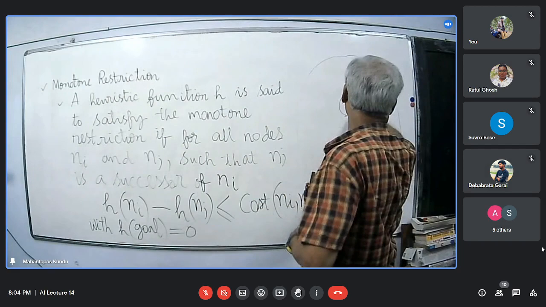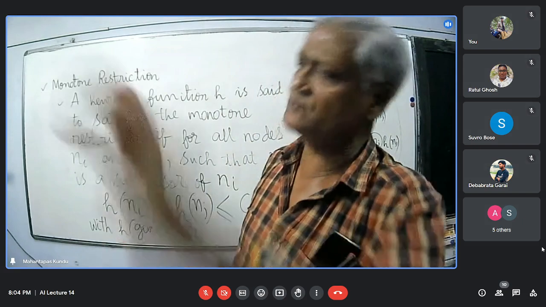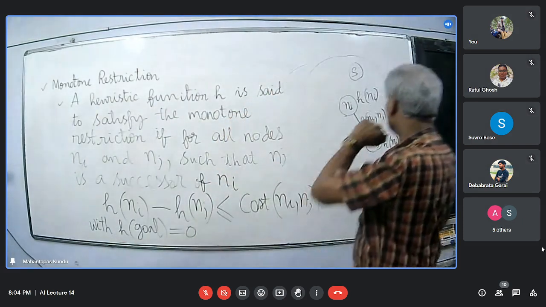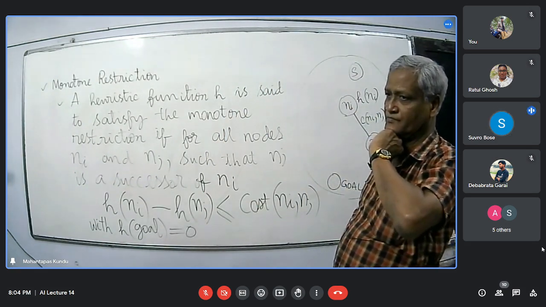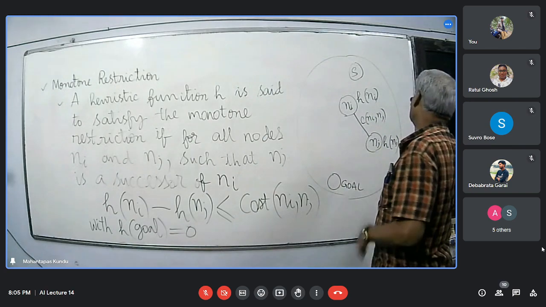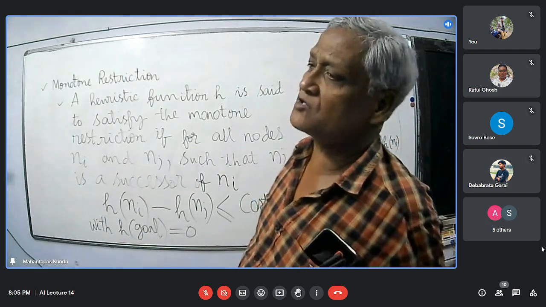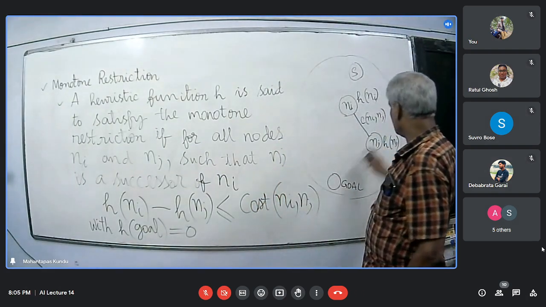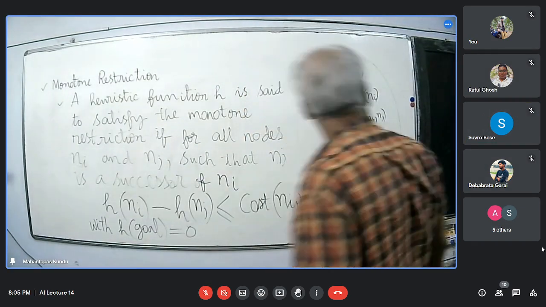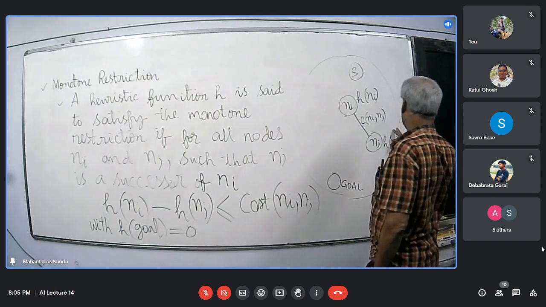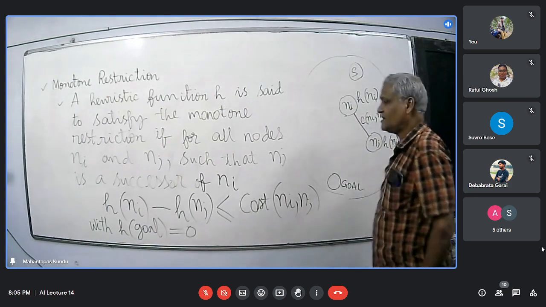What is this h(n_i)? It is an estimation of the actual cost of the optimal path joining n_i to the goal node. And what is h(n_j)? It is an estimation of the actual cost of the path joining n_j to the goal node. Now one point you should know is that this h(n_j) excludes the cost of the path that is between n_i and n_j.